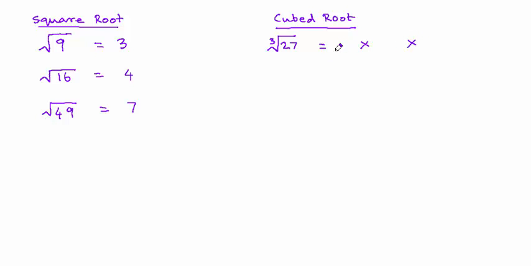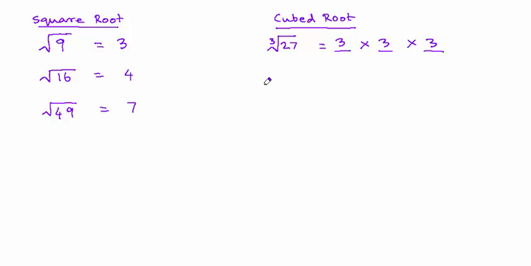So the number appears 3 times in the multiplication sentence, and the answer to that multiplication is 27. Because 3 times 3 is 9 and 9 times 3 is 27, so 3 multiplies with itself 3 times to give you 27. We say the cube root of 27 is 3.